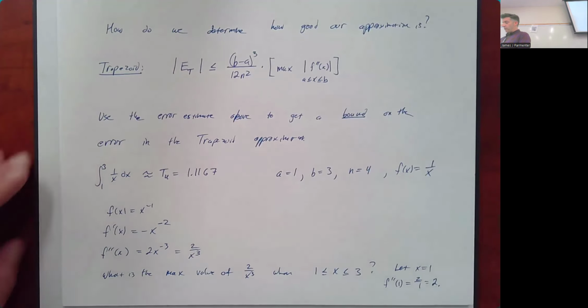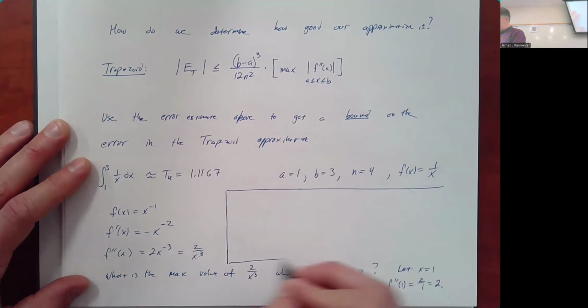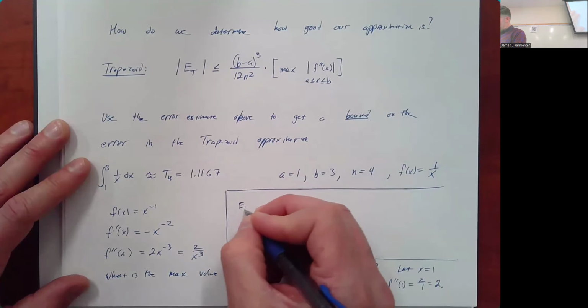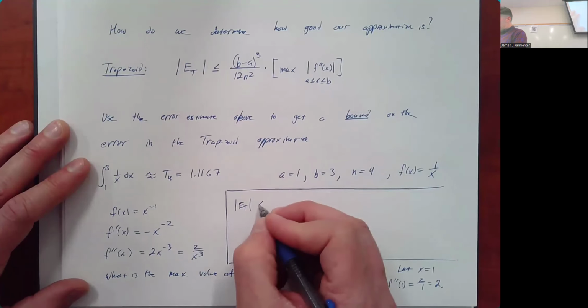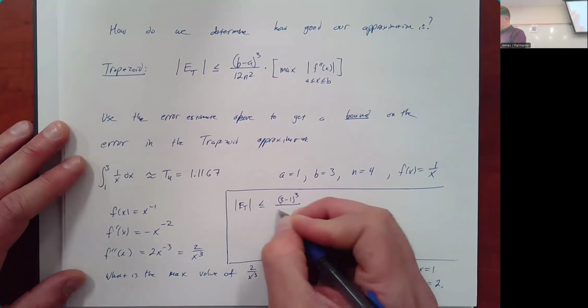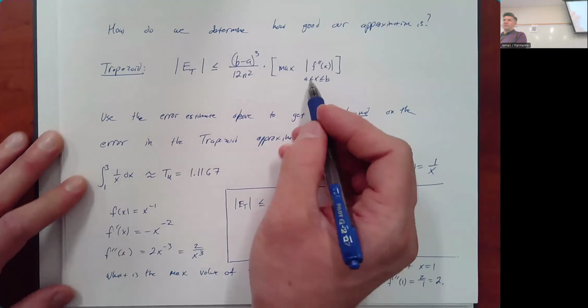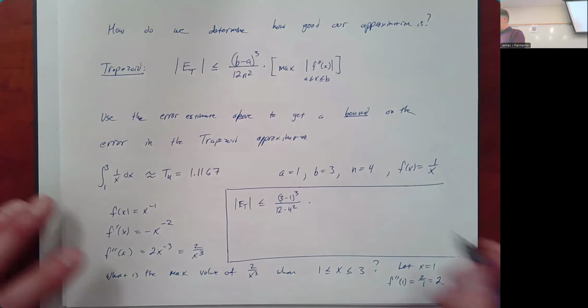And any other value of x between 1 and 3 would produce a smaller result. So now we can actually calculate the upper bound on the error and say, the absolute value of the trapezoid error is going to be less than or equal to 3 minus 1 cubed over 12 times 4 squared times the maximum of the absolute value of the second derivative, which we just said was 2.